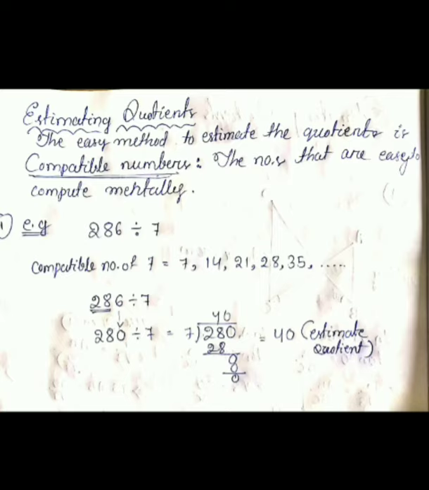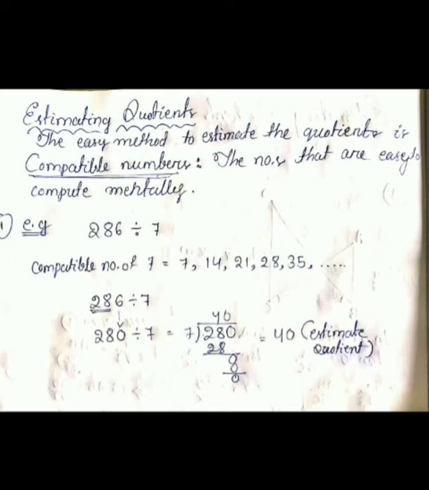If you round the number, the rounded number will be the nearest 10, that is 300. 300 divided by 7. So here there is no number 300 among the computable numbers of 7.